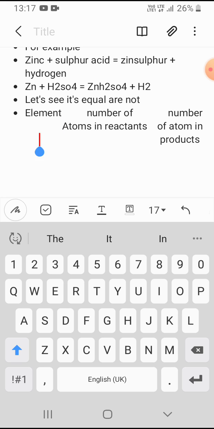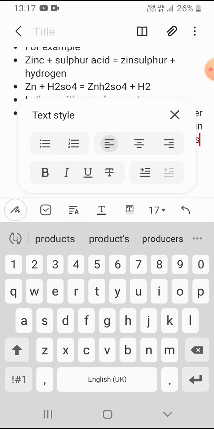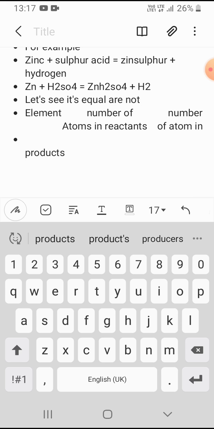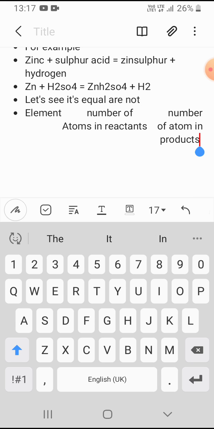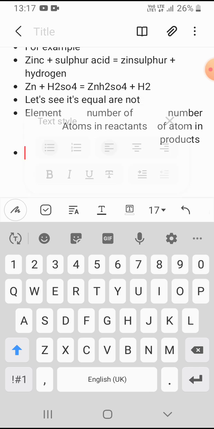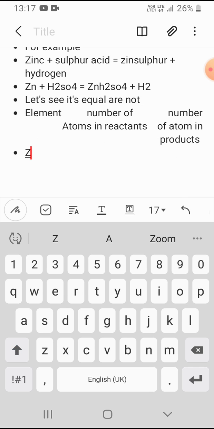So first let's come to the elements. First let's come to the element that is in here, zinc.